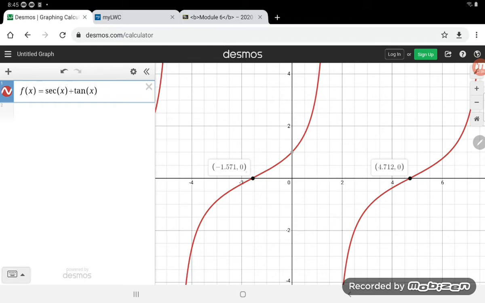I'm surprised Desmos has given us an answer, but it must be it likes the limit, because otherwise these things are not defined here except in the limit.